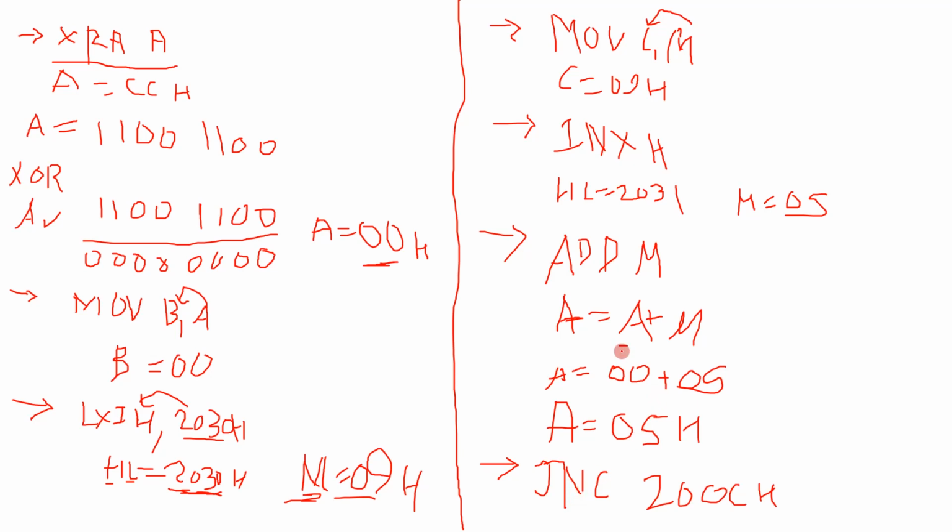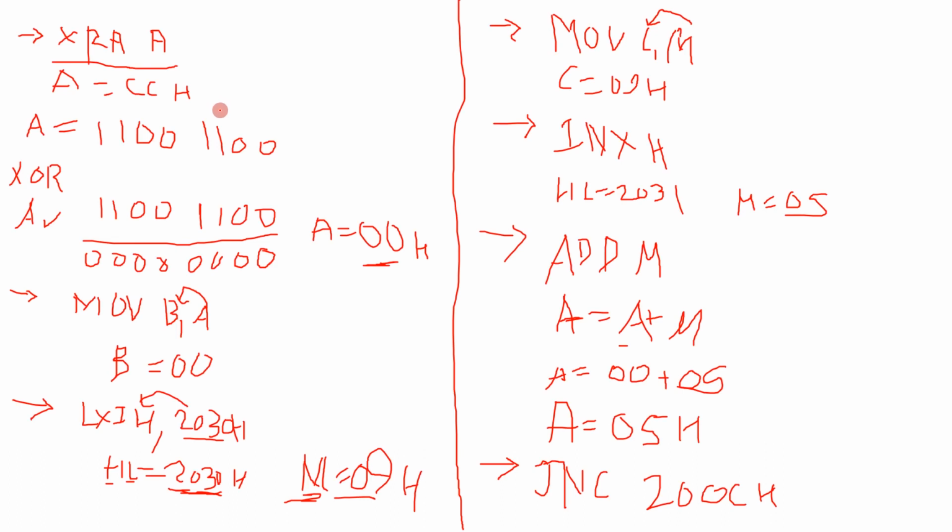When we perform addition, 00 plus 05, you convert this into binary: 00000000, and 5 in binary is 00000101.